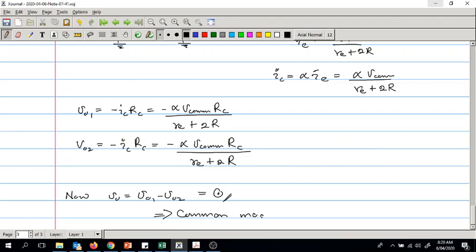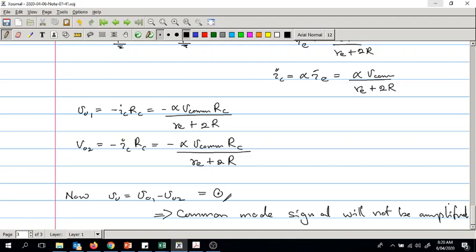Common mode signal will not be amplified, if it is a perfect differential amplifier. Now you see the main benefit of the differential amplifier.